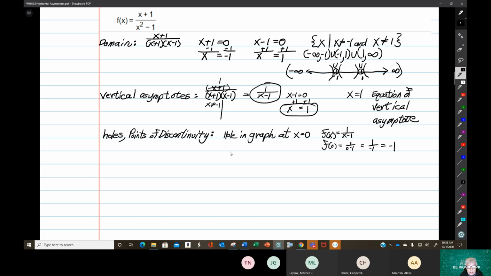Therefore, your hole is going to be the point x equals 0, y equals -1. So now you've got a vertical asymptote and you've got a hole.